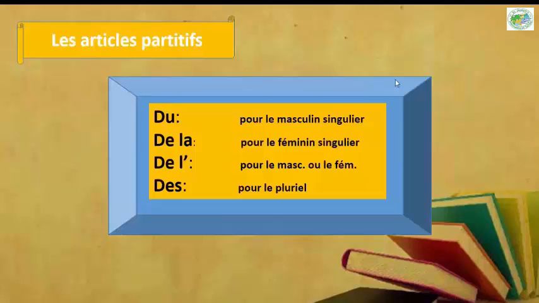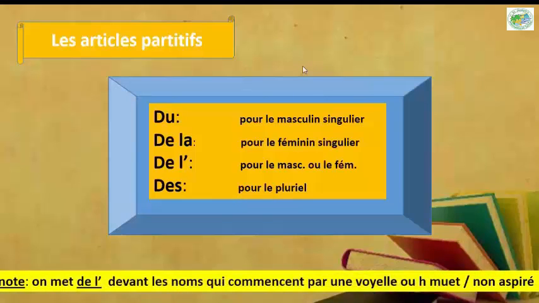We have four little words. Du pour le masculin singulier, de la pour le féminin singulier, de l'apostrophe pour le masculin ou le féminin that starts with a voyelle, as you know, des pour le pluriel.